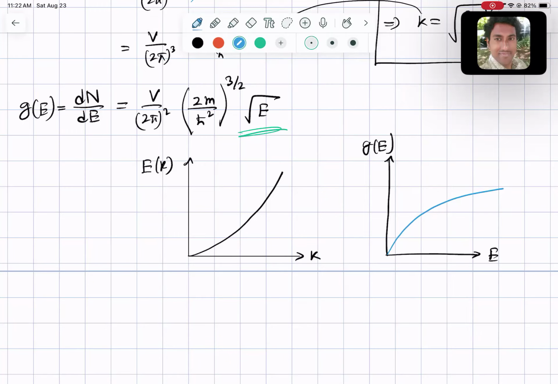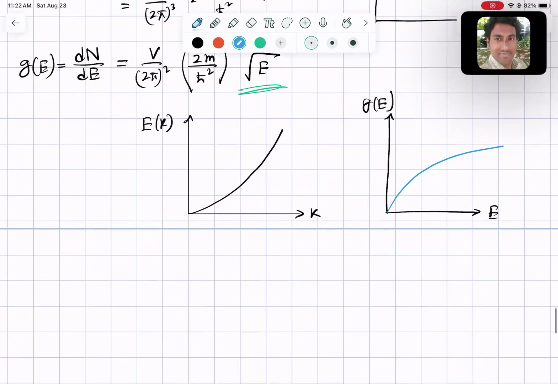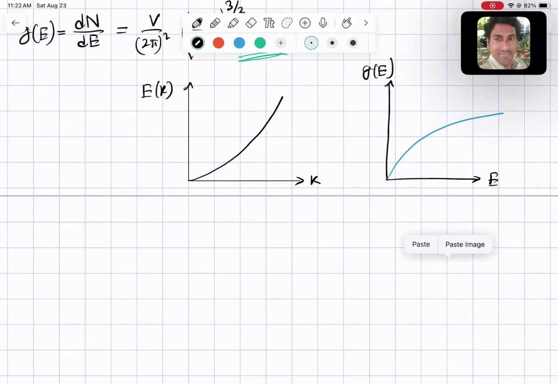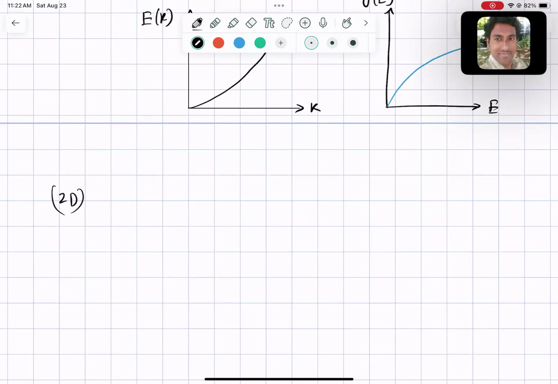That's the point. And then we also have the 2D system. Again, E is h bar squared k squared over twice m. It's always like that. And n of k for the 2D system would have twice A over twice pi squared, pi k squared. এটা এভাবে কেন লিখলাম?